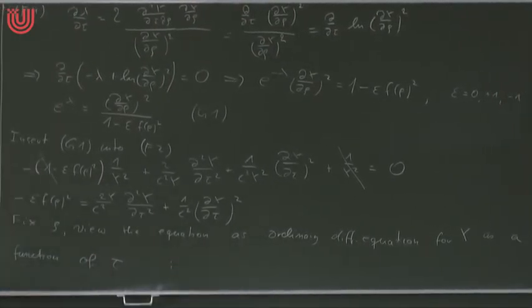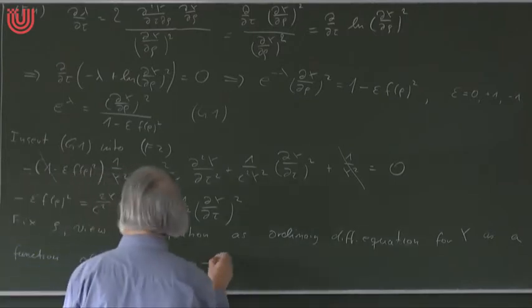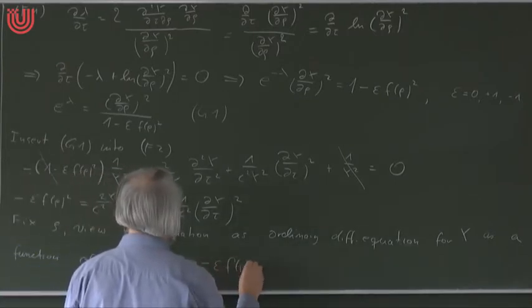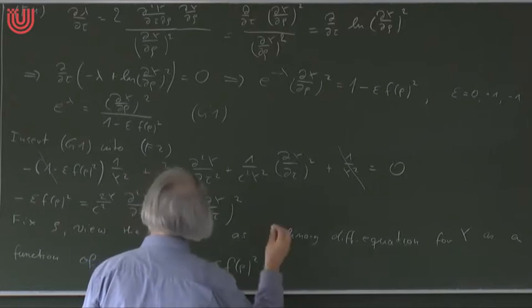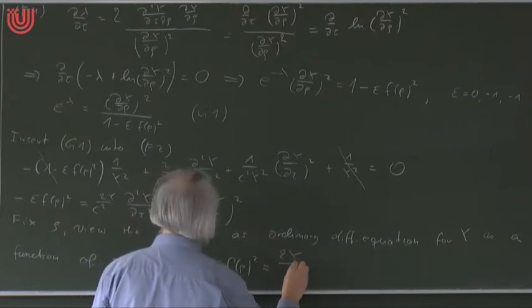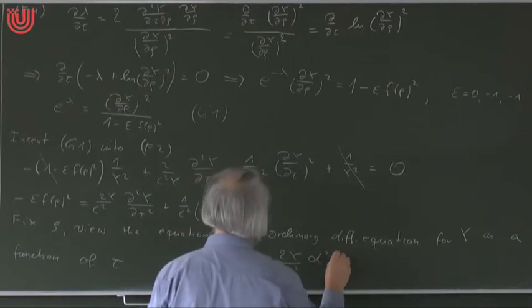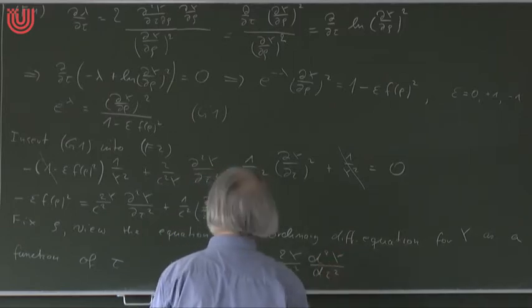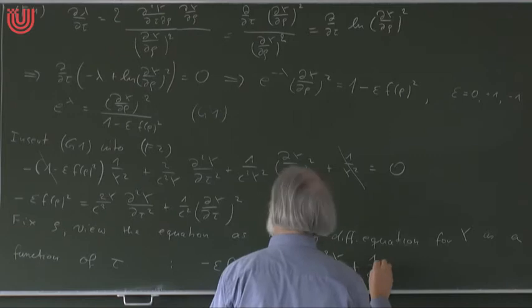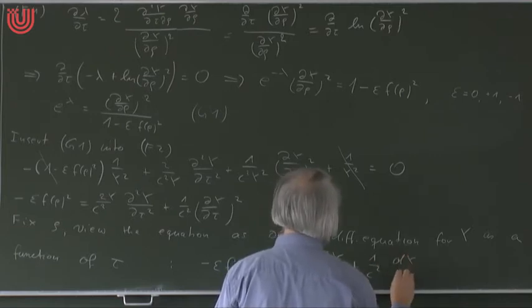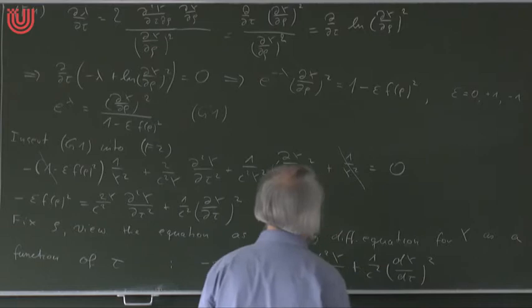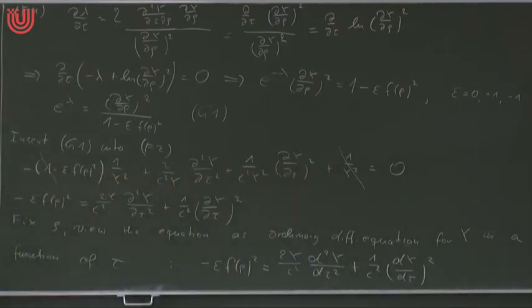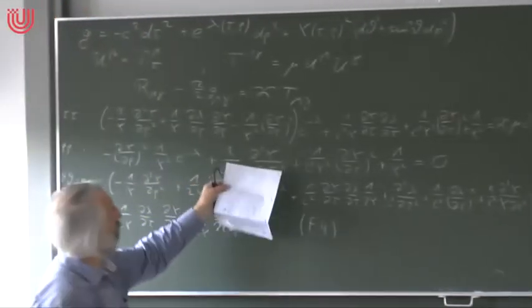Okay, so let me write it in this way with total derivatives. So now the rho is fixed, so I can now use these as total derivatives. d tau squared is 1 over c squared dy by d tau squared. Actually, that's the reason why I consider the equation F2 at this stage and not one of the other equations, because the other ones involve derivatives with respect to rho and tau.